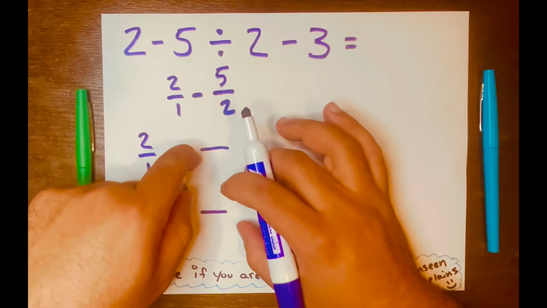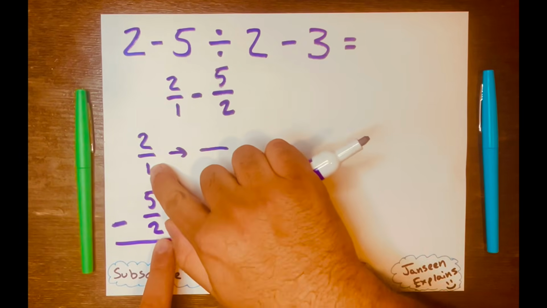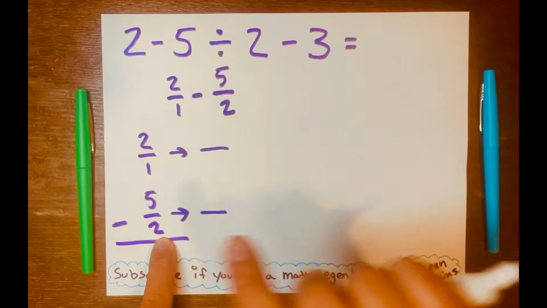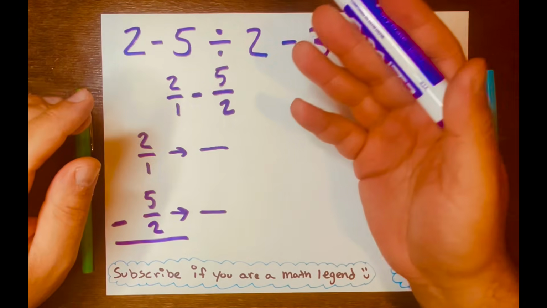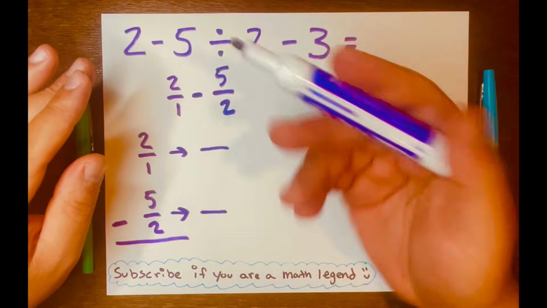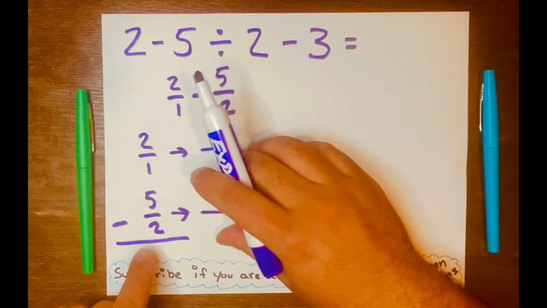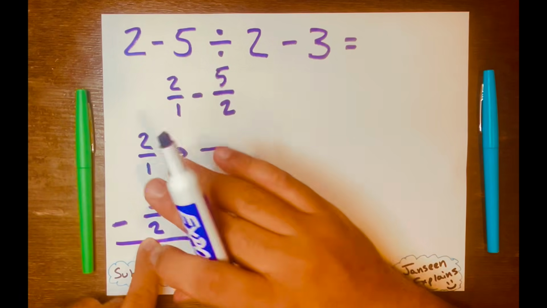And to make the equivalent fractions, we first need to figure out the multiples of 1 and 2. Mentally, we're not going to list them all. 1 times 1 equals 1. Times 2 is 2, 3, 4. So those are the multiples of 1: 1, 2, 3, 4. Let's stop at 4. And then the multiples of 2 are 2, 4, 6, 8. So we stop at 8.